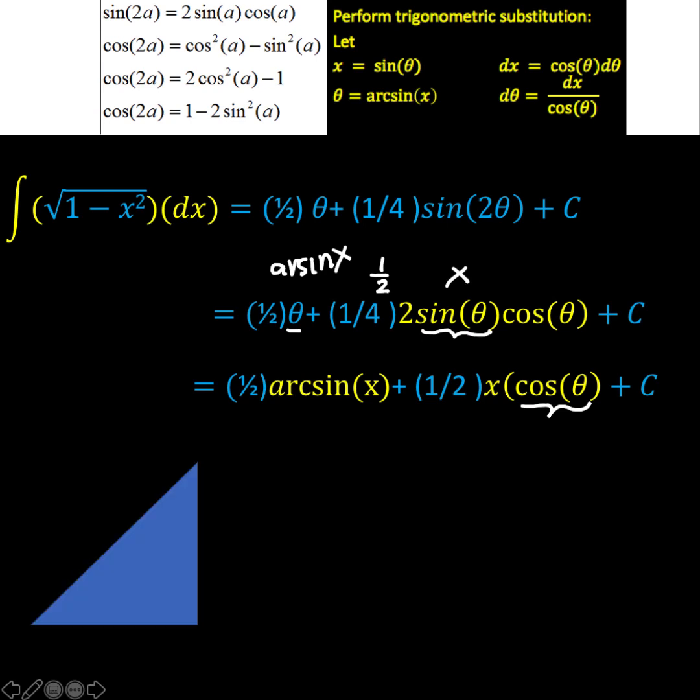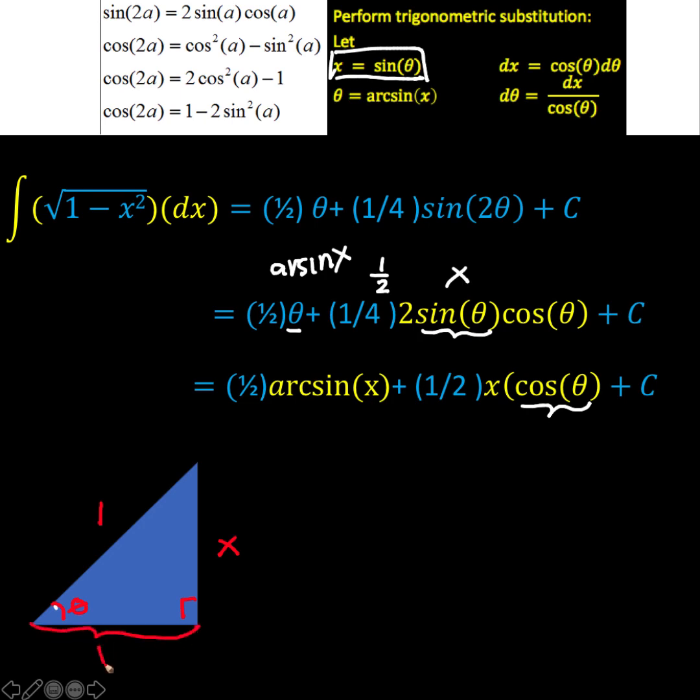So let's recall our right triangle. What we are given here is sine of theta is equal to x. So if this is our angle theta, the sine of theta is x, that means the opposite is x. And if we have a unit circle, this radius is 1. Since what we have here is a right triangle, using the Pythagorean theorem, we'll be able to find the length of this side.